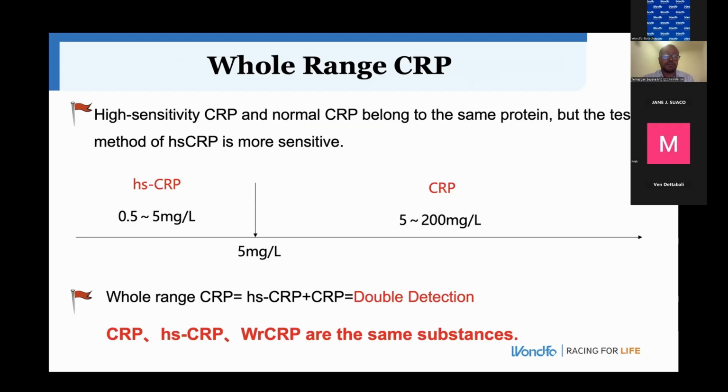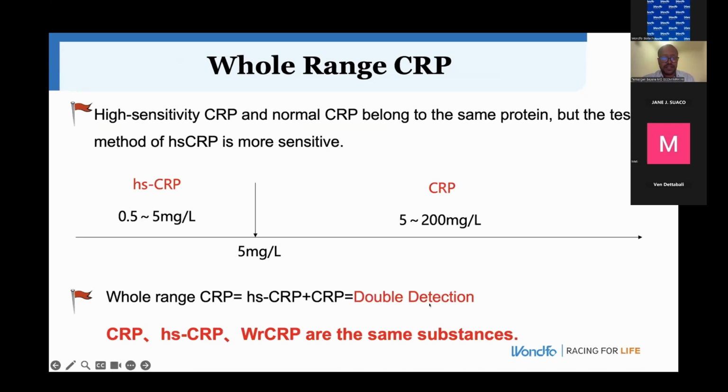People use the high sensitivity CRP for that. What is measured for infectious or inflammatory processes is either the whole range CRP or just CRP. The CRP total is measured by taking into consideration all of these, so the detection can still be somehow a double form of detection.